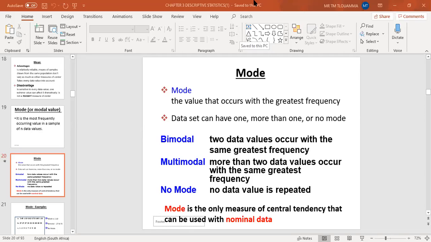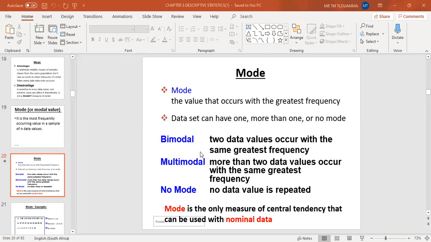That tells us we are going to expect two modes because both values occur most frequently, right? So you're just going to write them the way they are: 3 and 7.